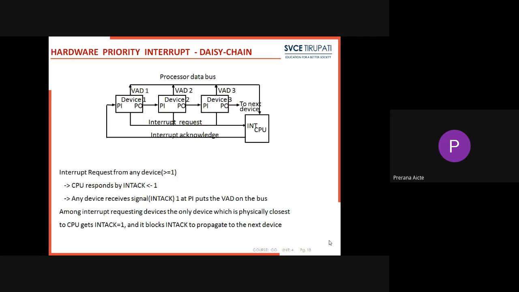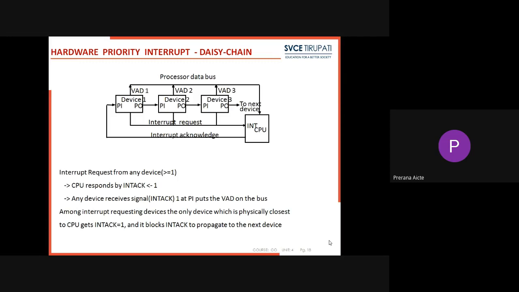All the devices are connected in chaining form. The interrupt request line is common to all devices. It forms a wired logic connection.